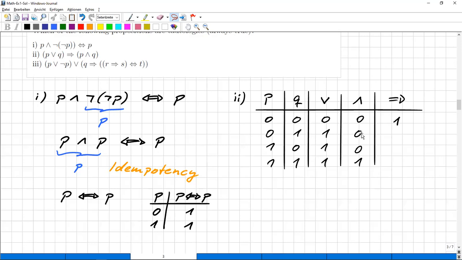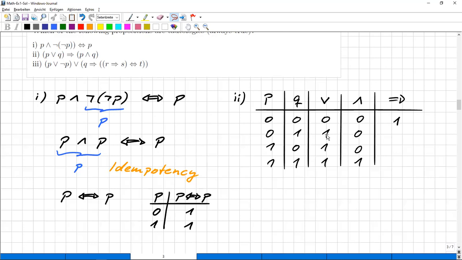Conclusion goes false. Why is this a problem? Because the premise should guarantee the conclusion to be true. That's its task, its job. The job of the premise is, if it gets true, it must make sure that the conclusion also gets true.